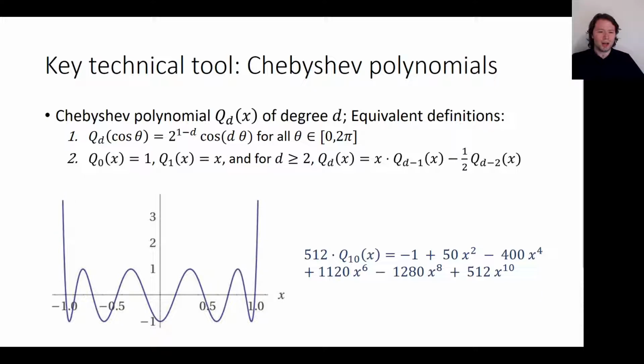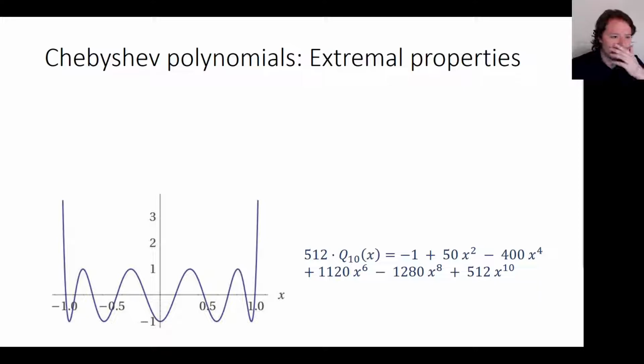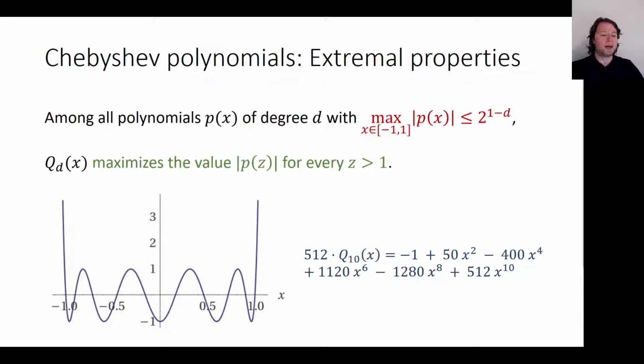Okay, so one really nice thing about Chebyshev polynomials is that they have very nice extremal properties. So here's one particular one we'll use. Among all polynomials p that have degree d and that are bounded between -1 and 1, so that the maximum value over all x between -1 and 1 of the magnitude of p(x) is at most 2 to the 1 minus d, which is in particular the maximum magnitude of the Chebyshev polynomial on that interval.